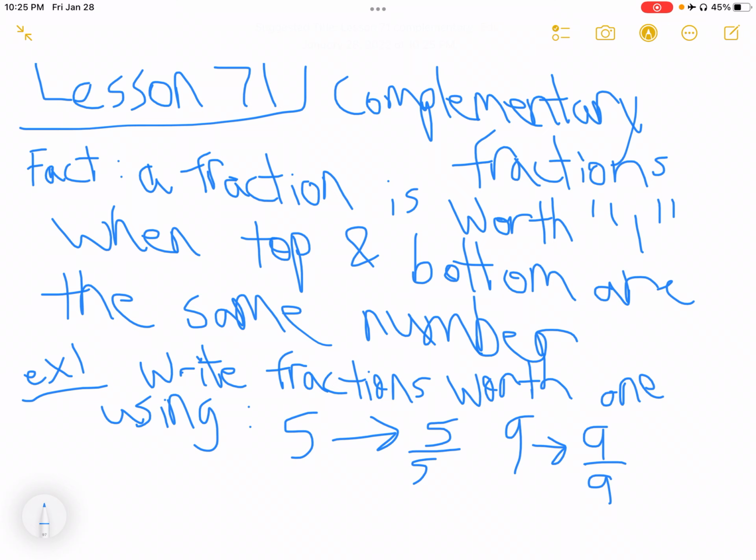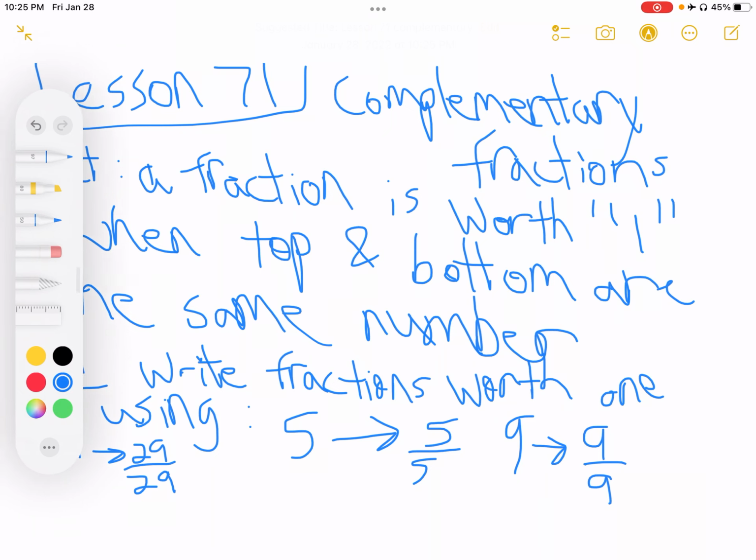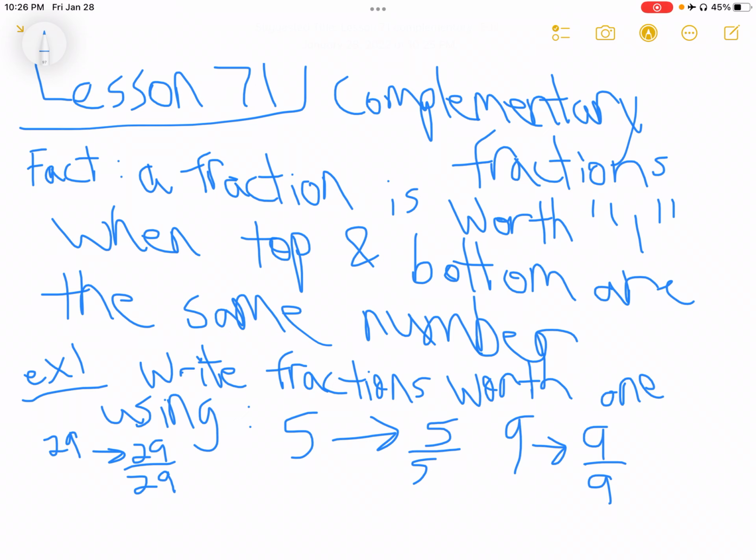And then similarly, they have a couple other examples to look at. So if we had 29, then I'll just write 29 over 29. That'd be 1. Okay, and the last one they said is 13.5.